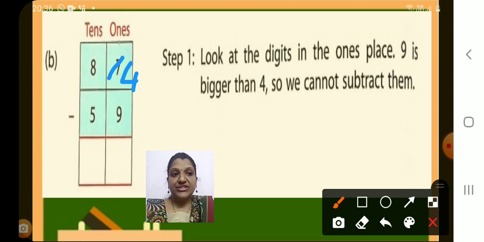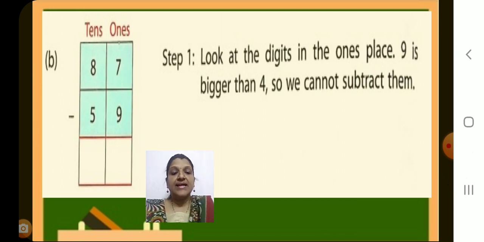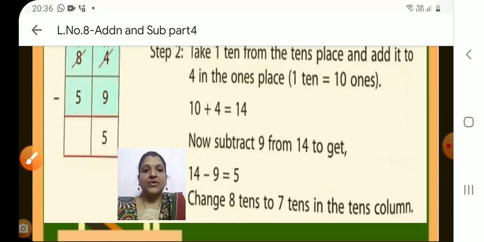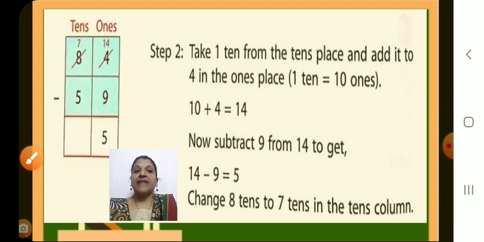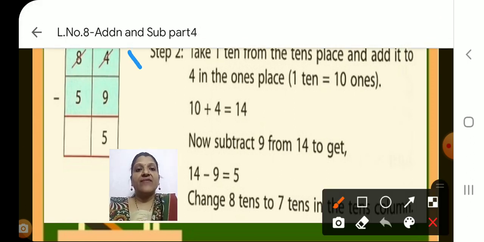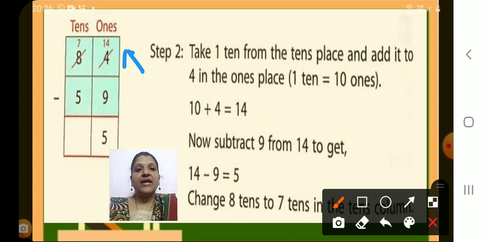Look at the digits in the ones place. 9 is bigger than 4, so we cannot subtract them. So step 2 is take 1 ten from the tens place and add it to 4 in the ones place. And 1 ten equals 10 ones. 10 plus 4 equals 14. So we have written it over here.